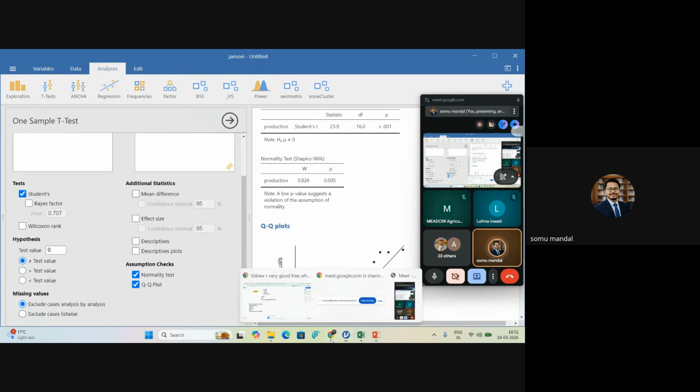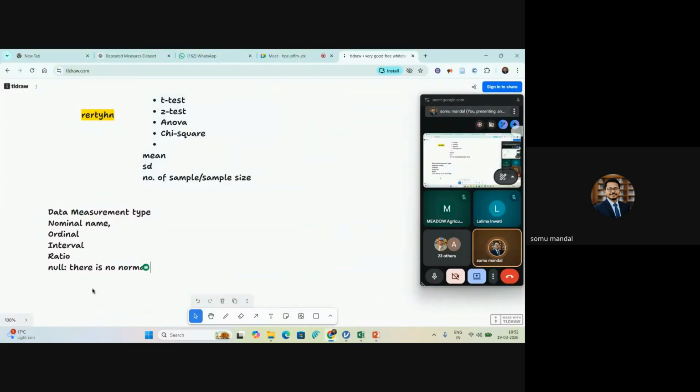Please, based on the null hypothesis: here, the null hypothesis for normality is that the data is not normally distributed. This is the null hypothesis, because we know from our earlier section that no difference, no effect is associated with the null hypothesis.